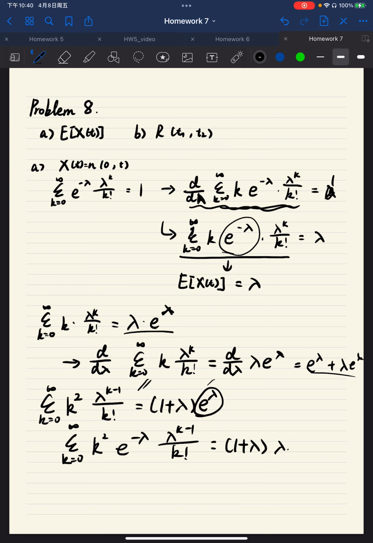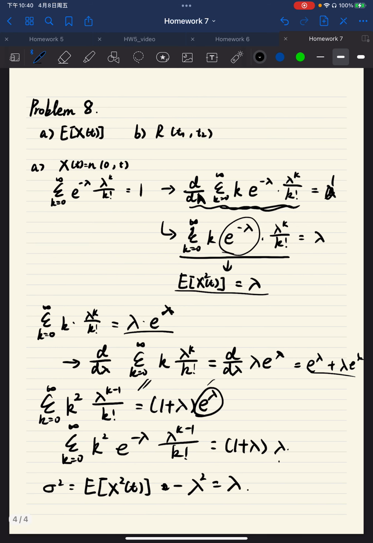So we know this part is related to the variance of X(t): the expected value of X squared equals the variance plus lambda squared.